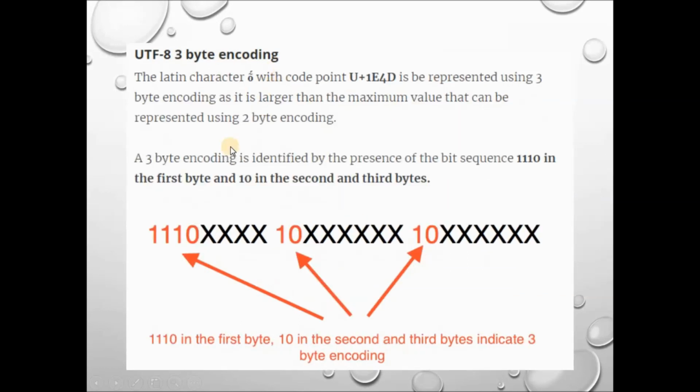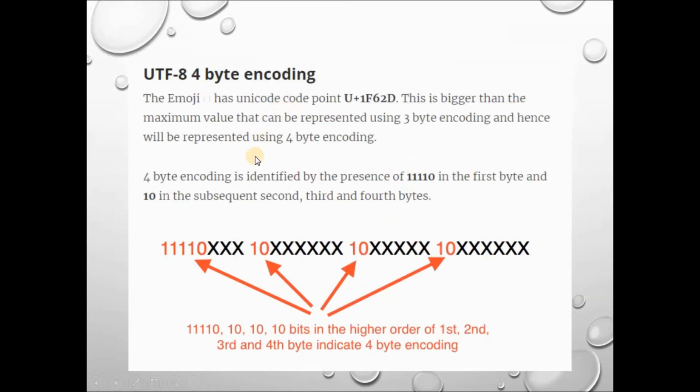In 3 byte encoding, in the first byte you write 1110, and in the second byte 10, and in the third byte also 10. Is this clear? Now 4 byte encoding: in the first byte we write 11110, and in the second, third, and fourth bytes 10 each. This is 4 byte UTF encoding.